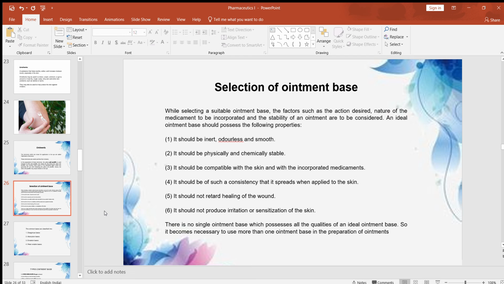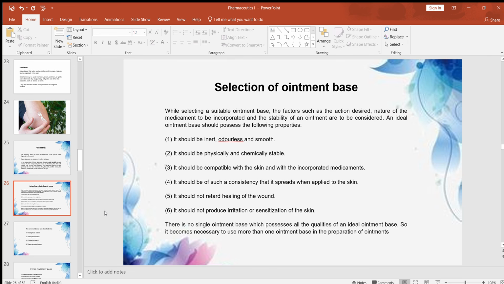Now which base to select depends upon the property of your drug and the desirable property which you want to achieve. That means, for the skin, whether you need an emollient effect from your formulation or a lesser emollient effect, or what the nature of your drug is: oily, insoluble solids, or an aqueous based drug. So many criteria are there. Based on that you can select an ointment base from these four different types.